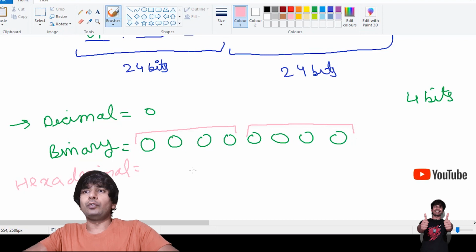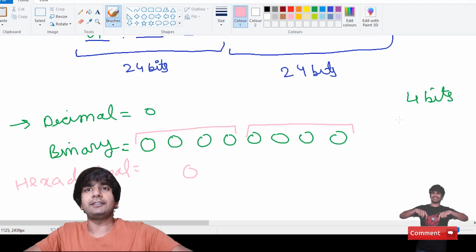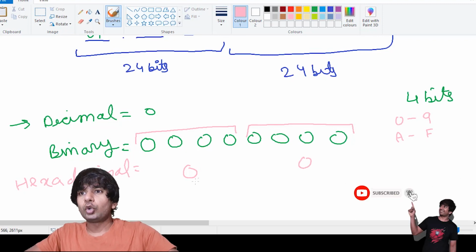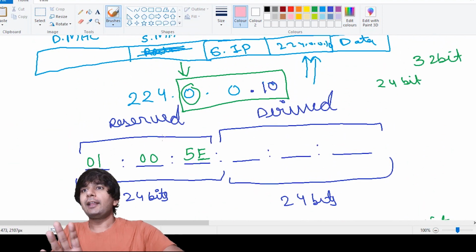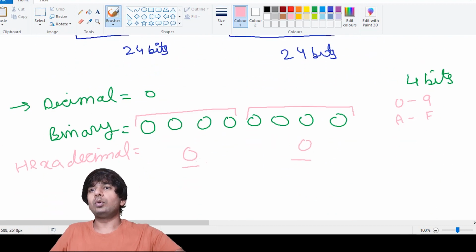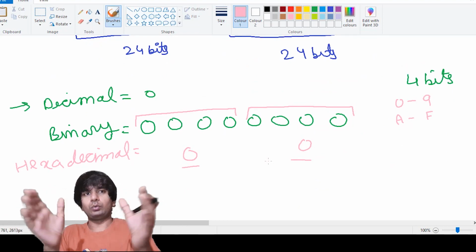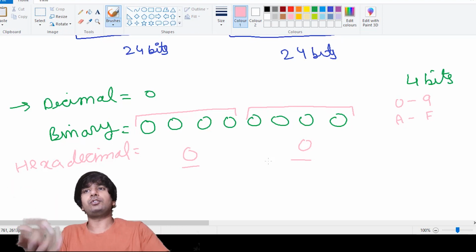All 0 means you will get a 0 in hexadecimal because 0 is present in hexadecimal. What is the range of hexadecimal digits, guys? 0 to 9, A to F. Correct? So 0 means 0 and here also 0. That means you got 2 hexadecimal digits and both are 0, just because the value of the second octet was 0. We got these 2 hexadecimal digits when we divided 8 binary bits into 4-bit groups and converted that binary into hexadecimal, so we got 0 0.